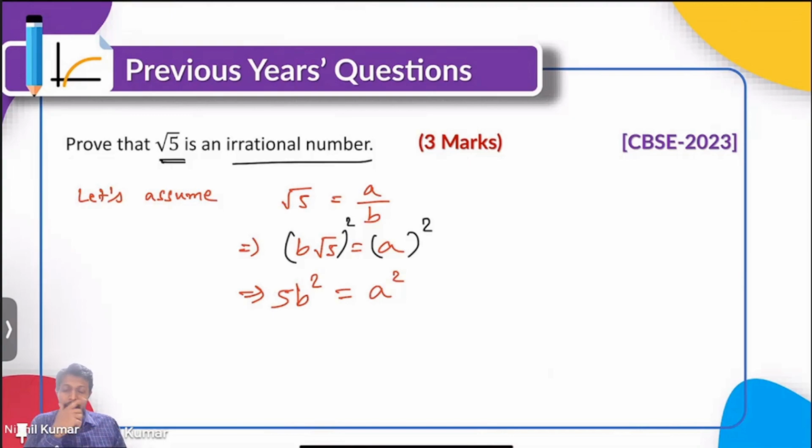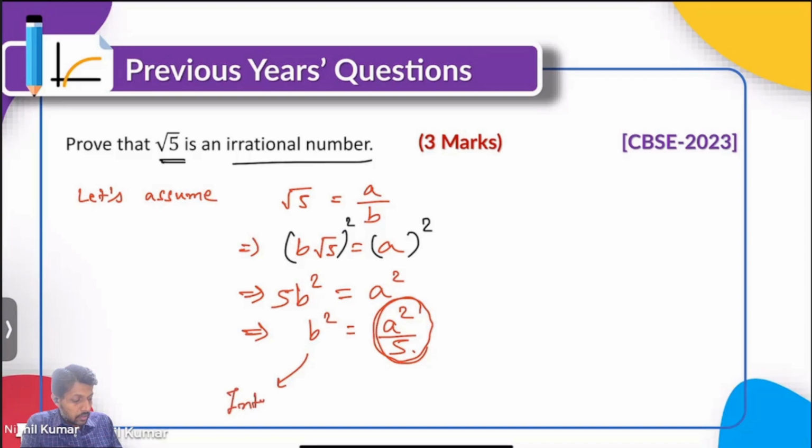This tells me that a square is divisible by 5. How? So b square is equal to a square by 5. See, if you are dividing a square by 5, you get an integer. That means a square is divisible by 5.